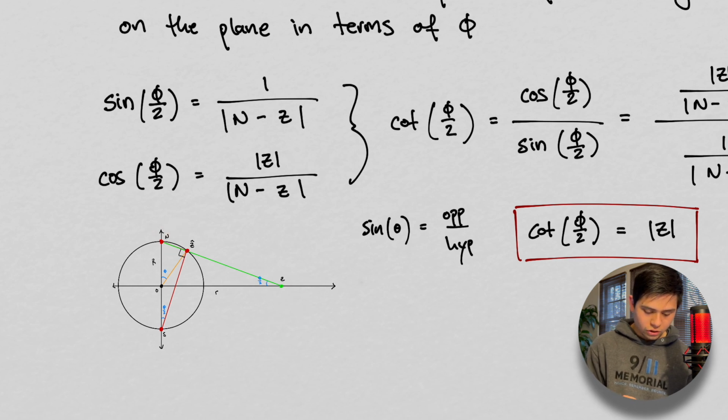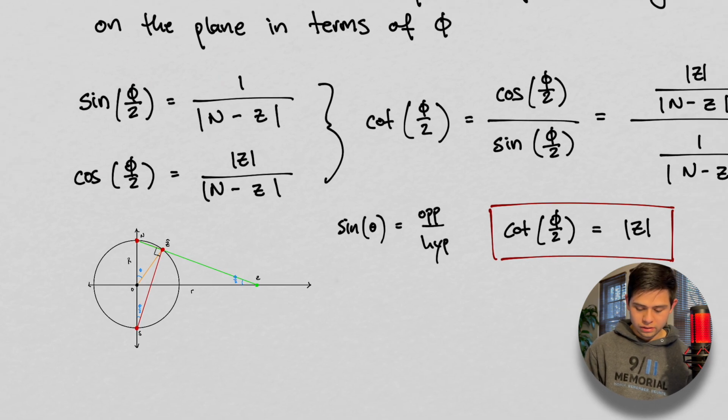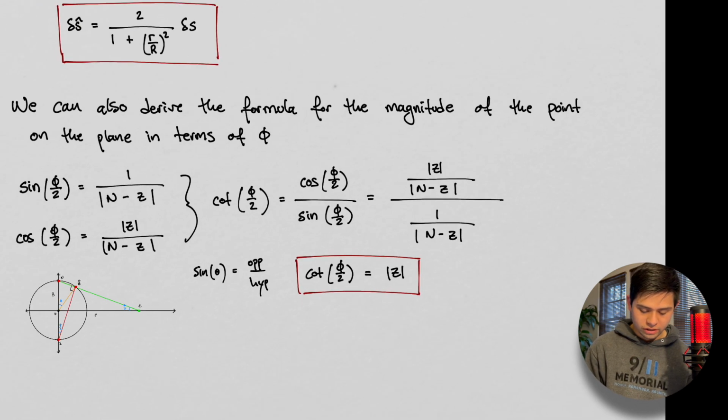Cosine is going to be this, because here is our n minus z, and the cosine is that z distance divided by the hypotenuse. So when we take these two formulas into account, we can combine them into a cotangent, like this.